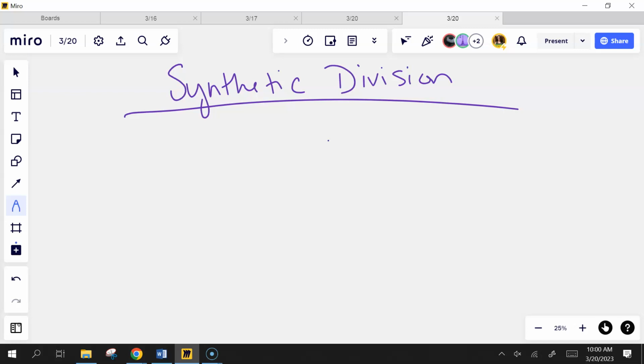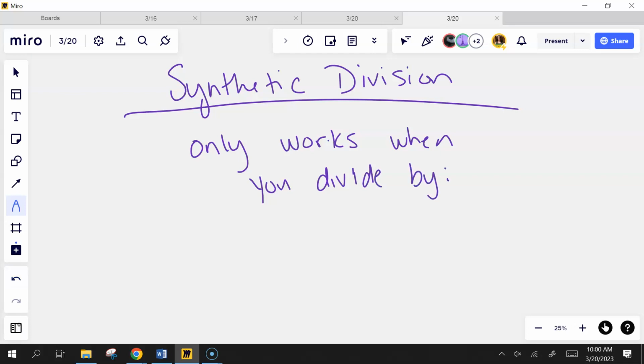Now here's the trick with synthetic. It doesn't work all the time. It only works when you divide by x plus some number or x minus some number. No other x's, no exponents.